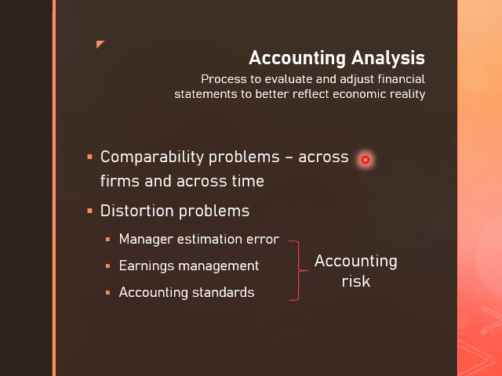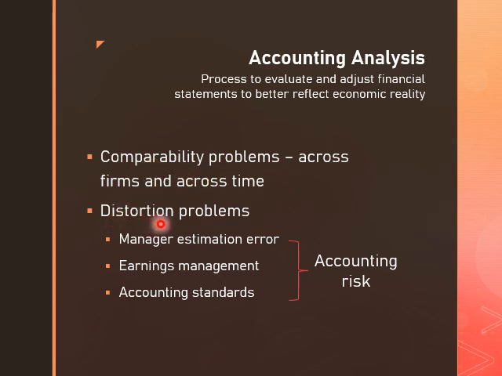Maksud dia apa? When you have a company, dia mungkin ada cara ataupun polisi yang berbeza-beza macam mana dia treat the depreciation of asset. Ada yang guna straight line, ada yang guna reducing balance. So, macam mana you nak compare? So, that is the issue bila kita guna accounting analysis.